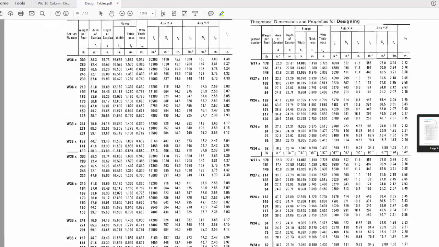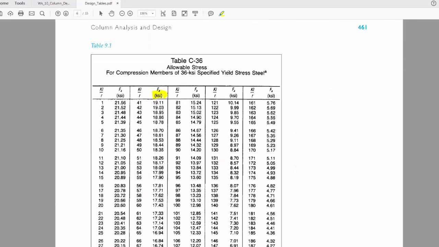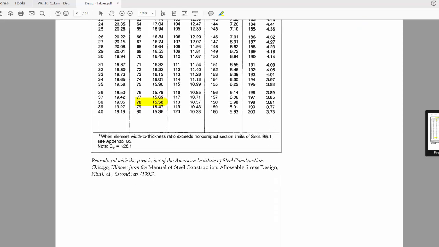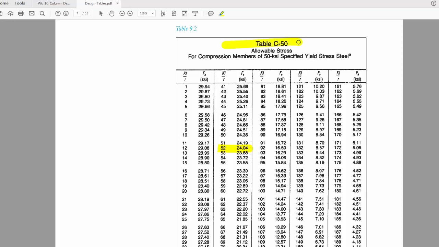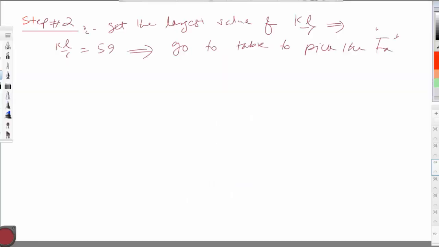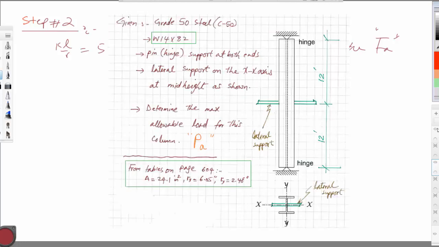I see there's C36 here, and the next table is C50. If you go back to the question, you'll see it says grade 50.